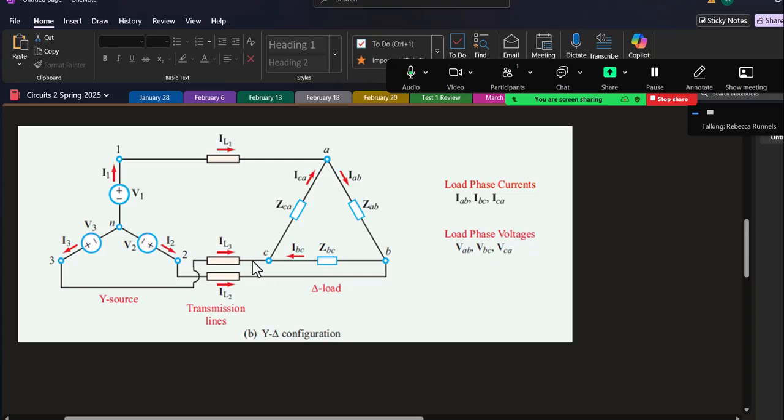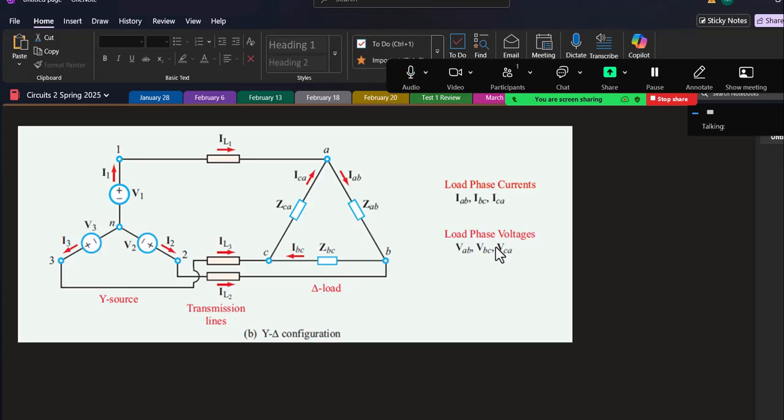Those are the voltages between the lines. They have the RMS magnitude VL. So all of these have the same magnitude. They all have magnitude VL, and they're the same as the phase voltages of the delta load.